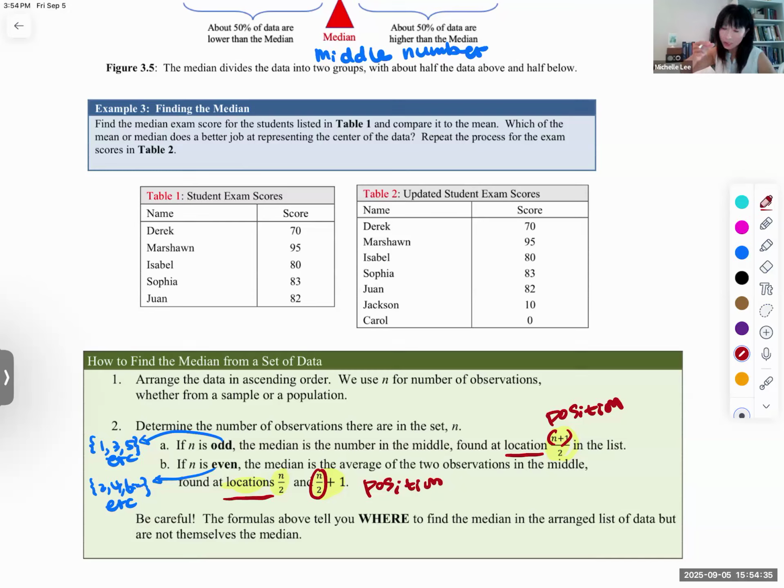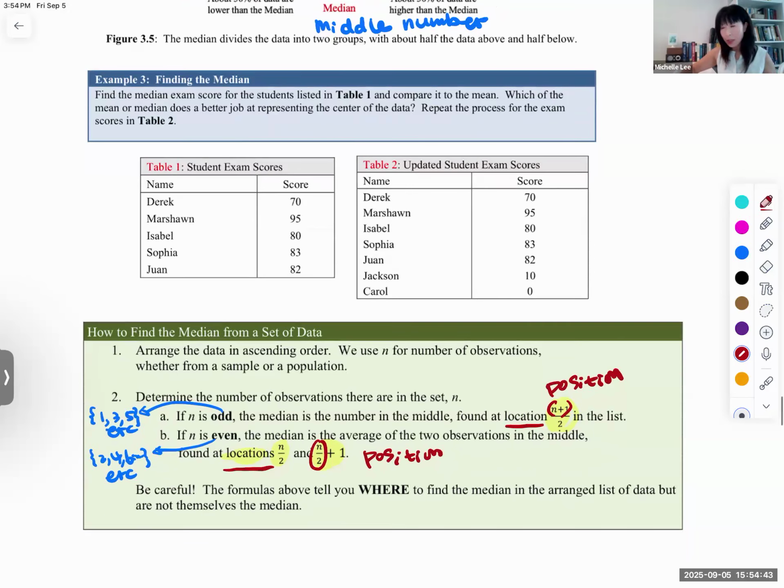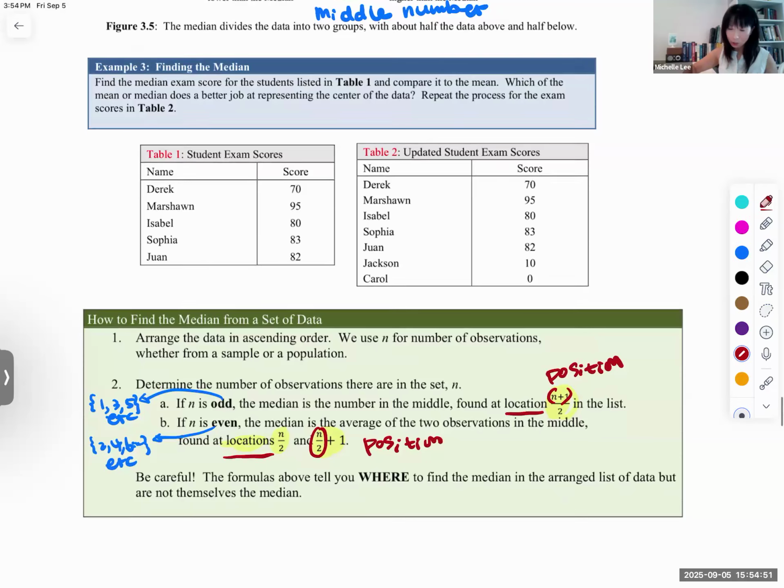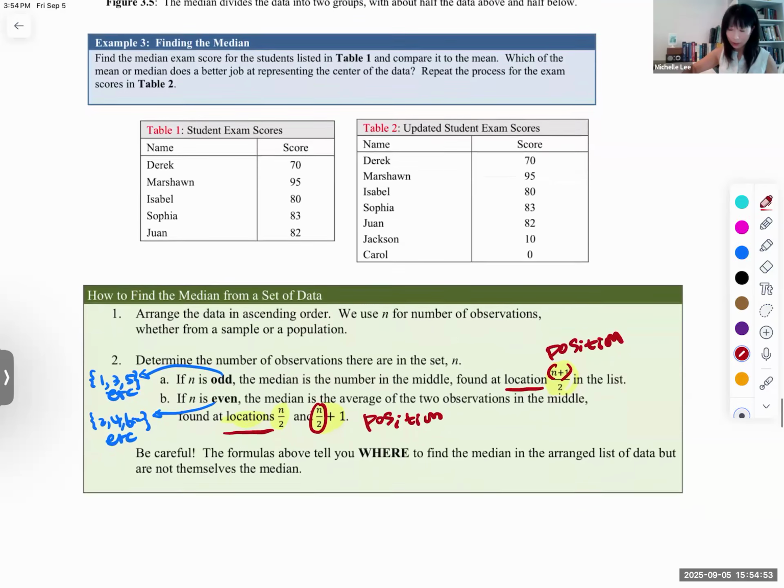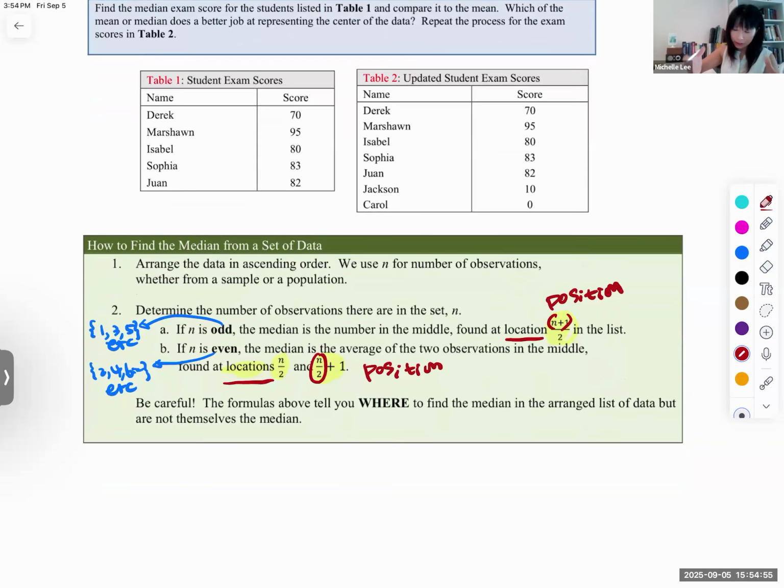We have a smaller data set, so it's easy to find the median without using the formula. But think about this: what if we have a large data set? So we need to practice how to do it by hand first with the easier, smaller data set. Then we can apply it to the large data set, right?